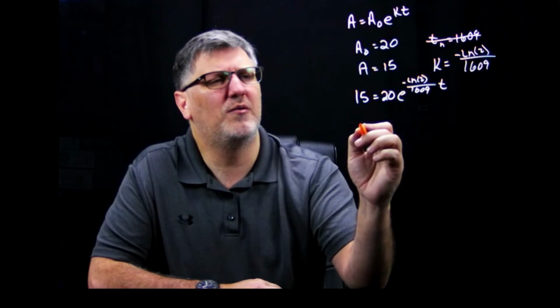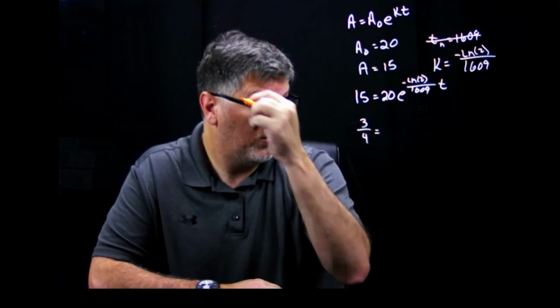Well, to do that, I need to get e by itself, and then we're going to do that same trick. We're going to ln both sides. So I'm going to divide by 20 and simplify the fraction, so they both have a 5 in common. I'm going to have 3/4 equals e to the negative ln of 2 over 1,609 t. We ln both sides.